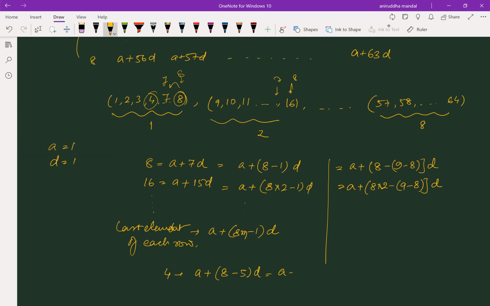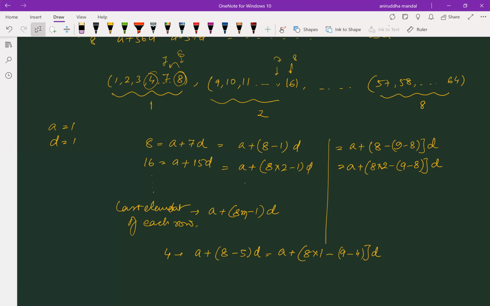So a plus 8 into 1 minus 5, and 5 can be written as 9 minus 4, where 4 is the column number. In general, if we take another example, say 10, then 10 can be written as a plus 9d. So a plus 9 can be written as 8 into 2 minus 7.